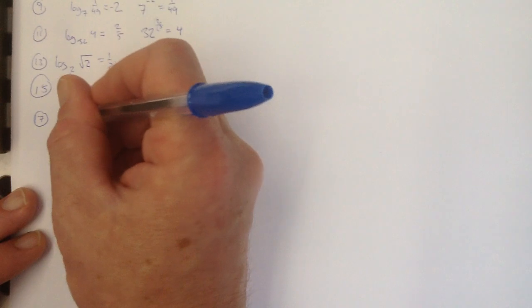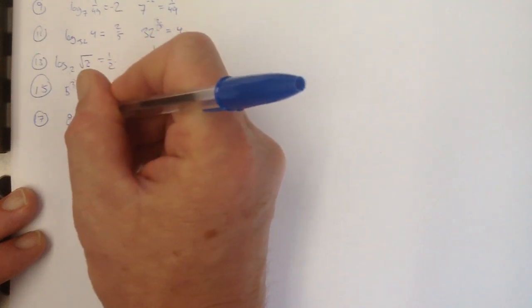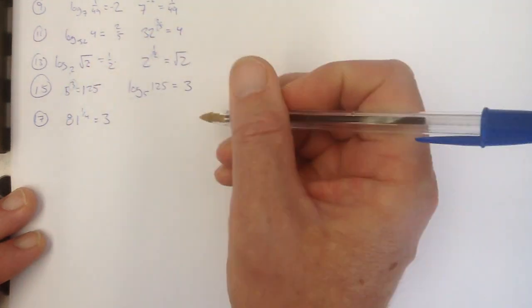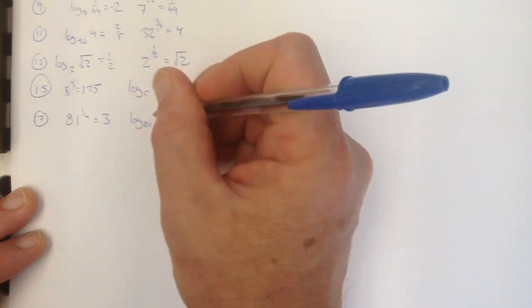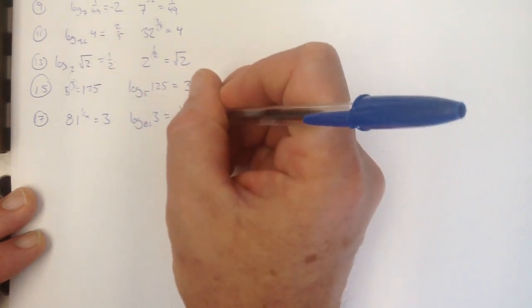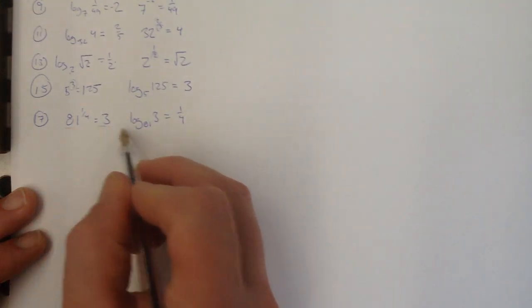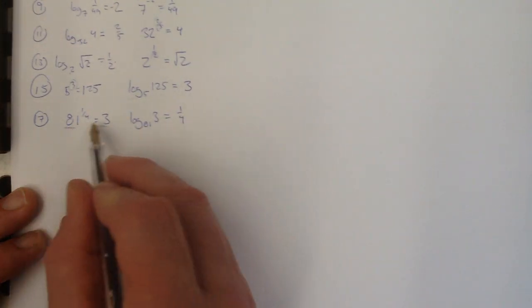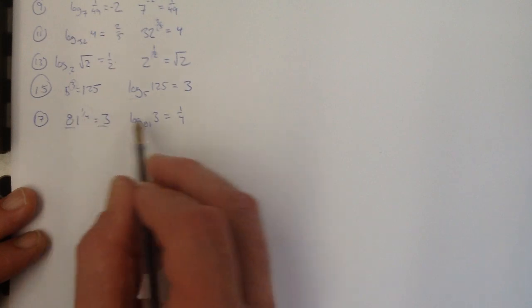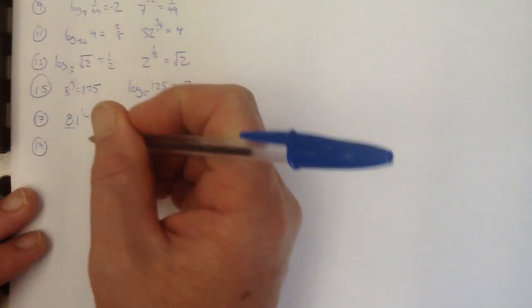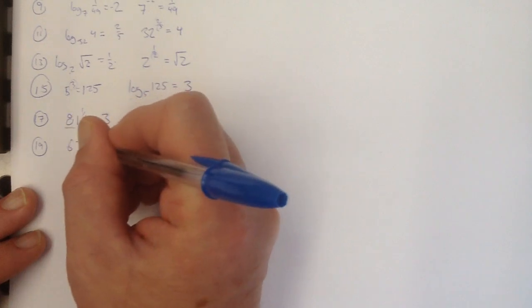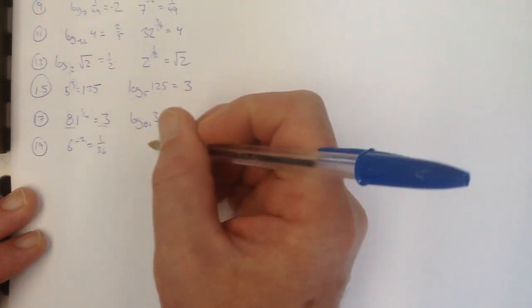Number 17, 81 to the 1/4 is equal to 3. That's the same as saying the log base 81 of 3 is 1/4. Log base 81 of 3 is the exponent. Number 19, 6 to the negative 2 is equal to 1 over 36.